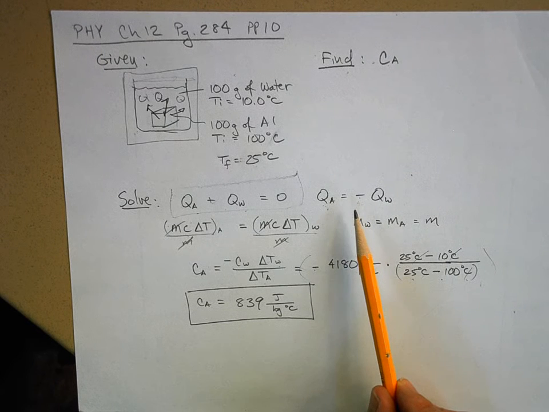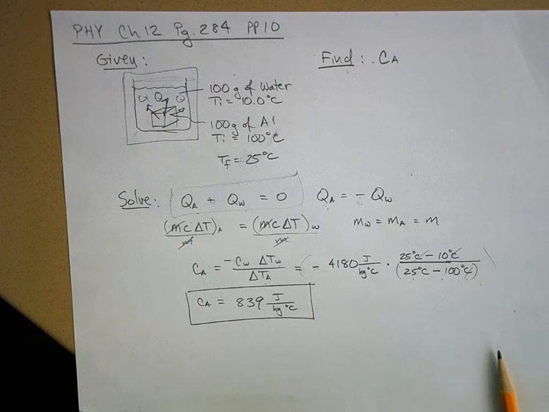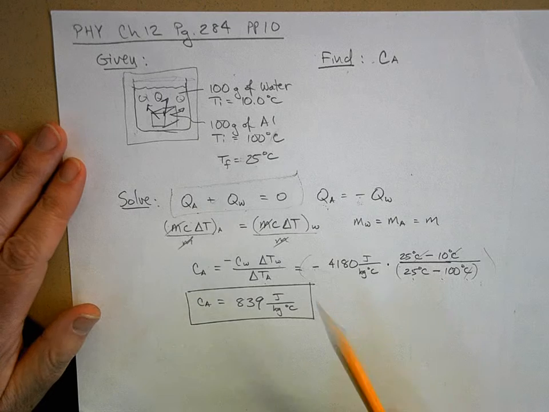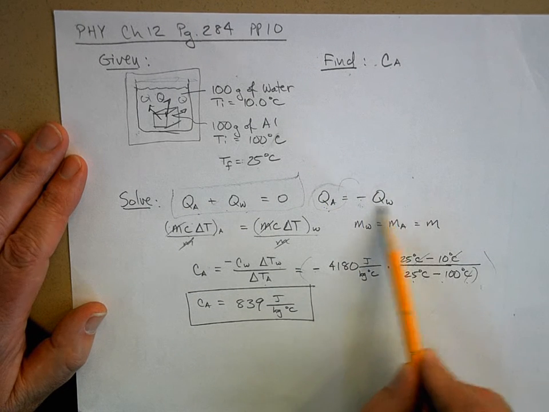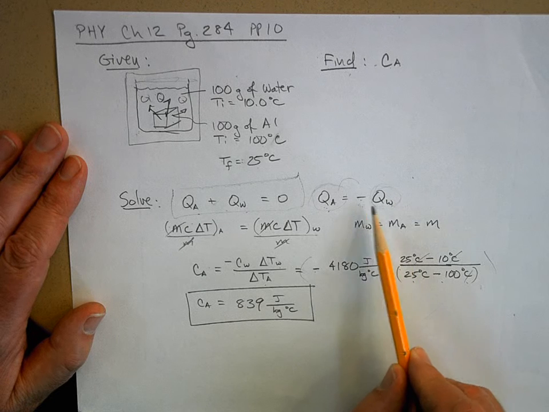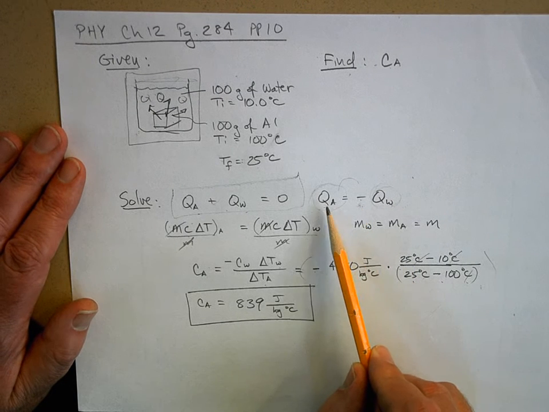Is the negative true for all of these types of problems? Well, if you put heat into something, we call that positive heat. If heat flows out of something, we call that negative heat. This is saying the heat from the aluminum is equal to the heat of the water, but negative, because the heat is flowing out of the aluminum.